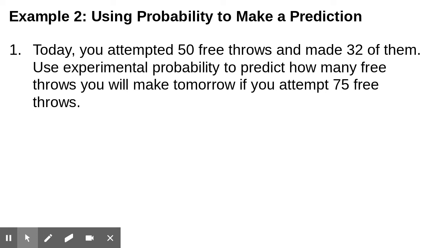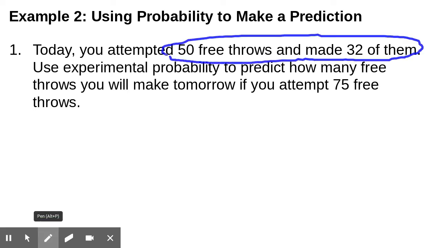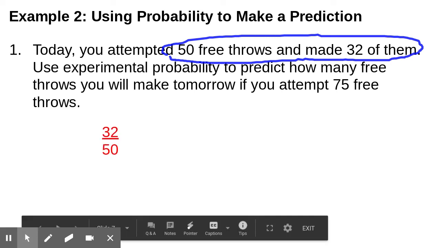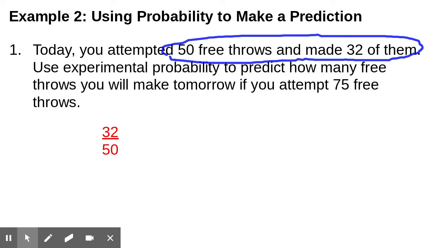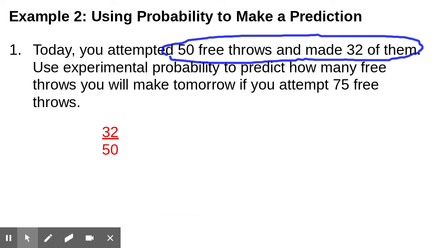It says today you attempted 50 free throws and made 32 of them. So that would be our first probability, right? 32 out of 50. But I want to know how many you will make if you attempt 75 of them. There's a couple ways we can do this, but the way that we've taught it for a while here is to set up a proportion. You want to make a prediction about probability, you write a proportion.